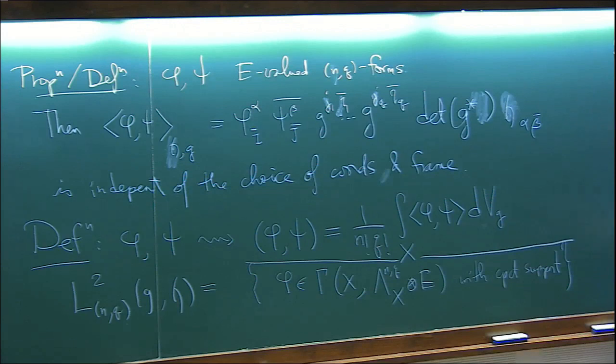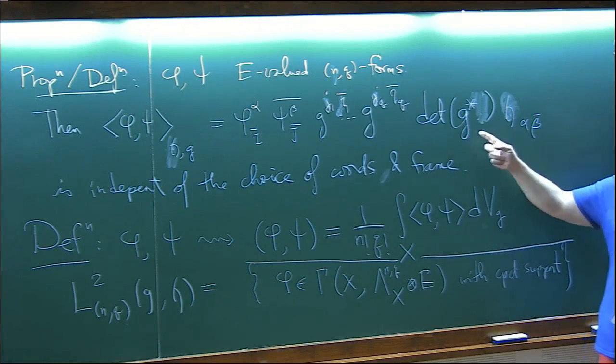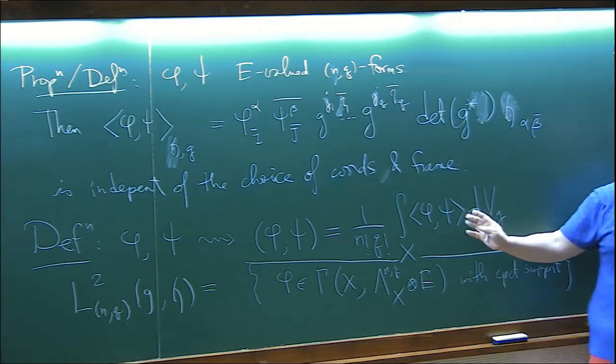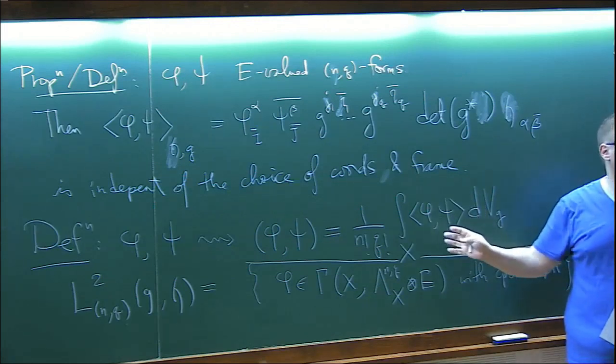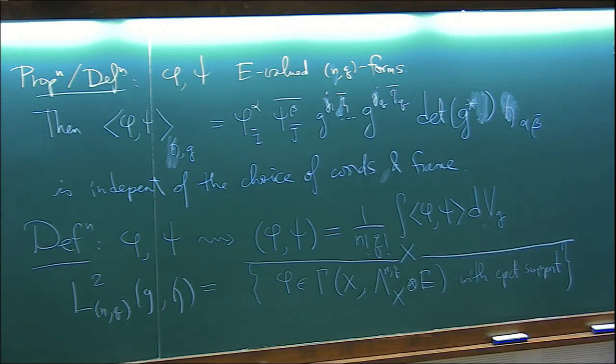And so this, on the other hand, is 1 over that determinant because this is the inverse transpose. So in some sense, this term is supposed to cancel this term. So there should be an object which is already a measure constructed from the two forms, and you can define it.